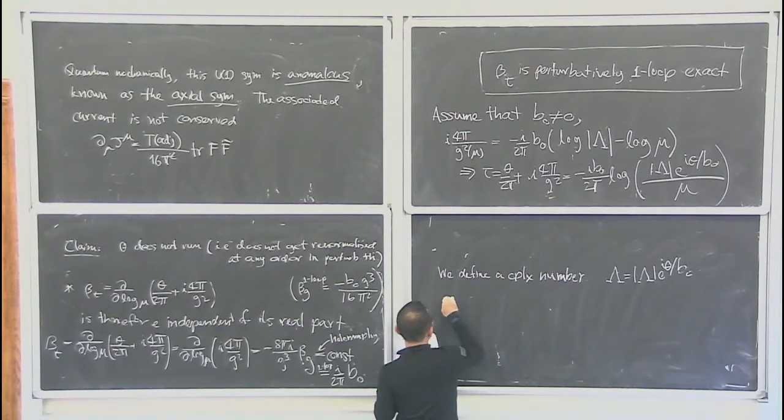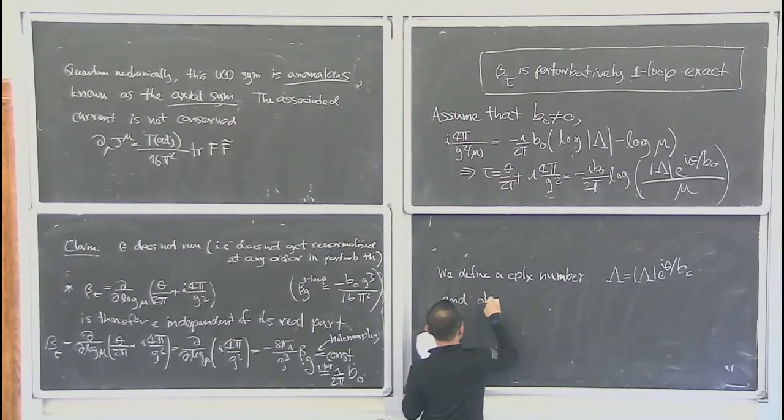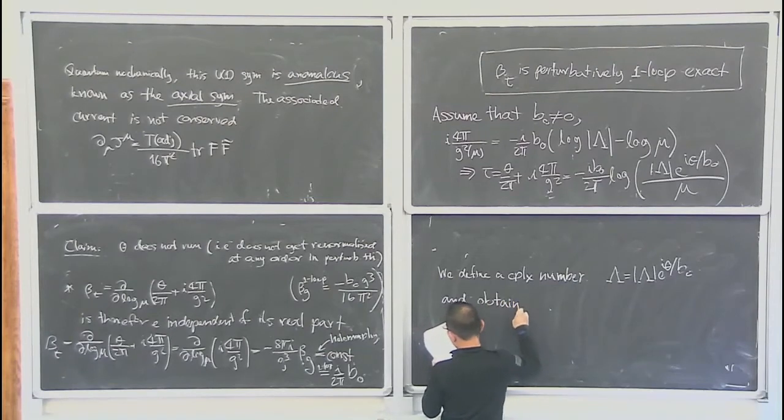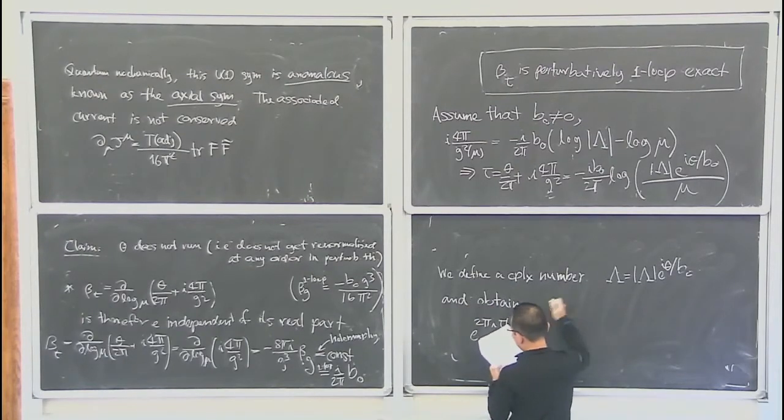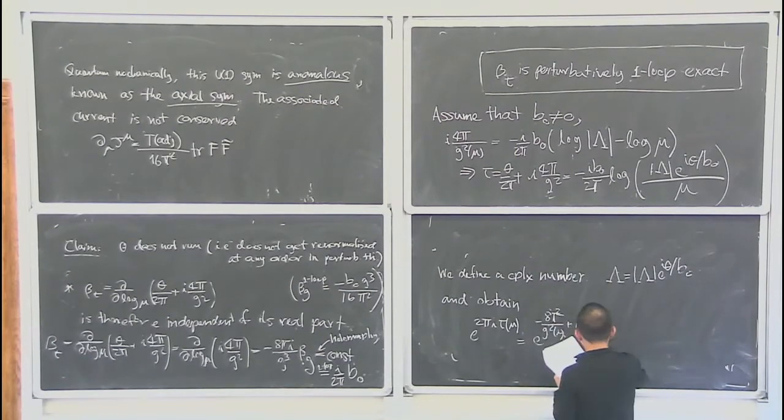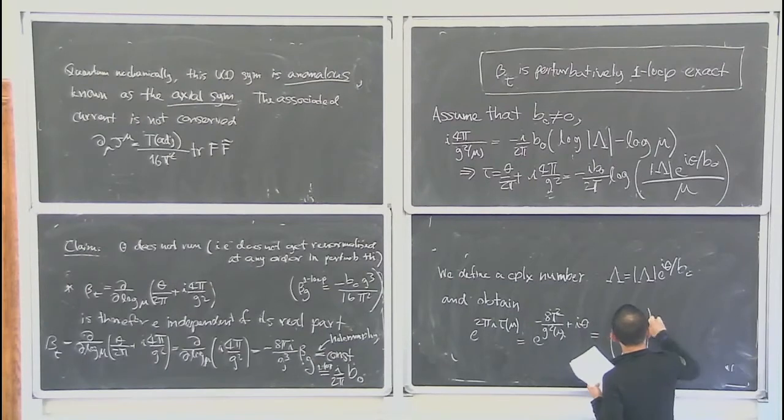And obtain e to the 2 pi i tau of mu, equal to e to the minus 8 pi squared over g squared, which is of course a function of mu, plus i theta, equal to lambda over mu to the beta_0.